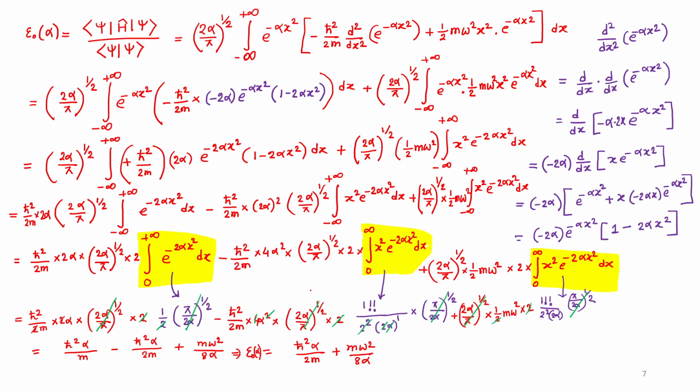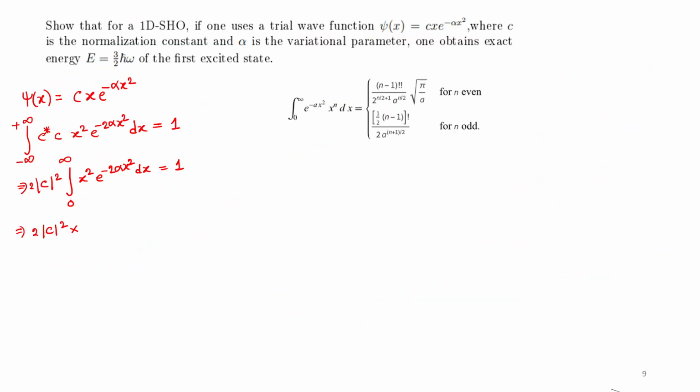This we have solved for, that is 1 double factorial over 2 to the power 2 into 2 alpha, right?